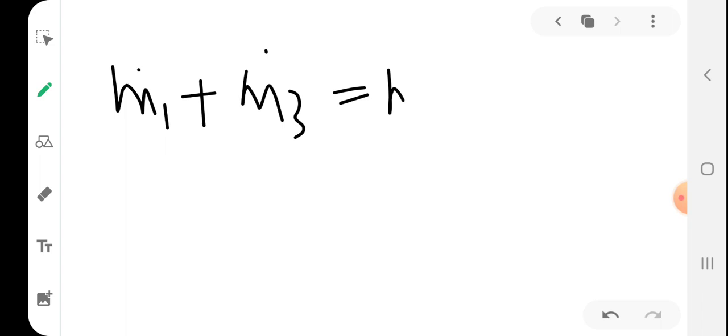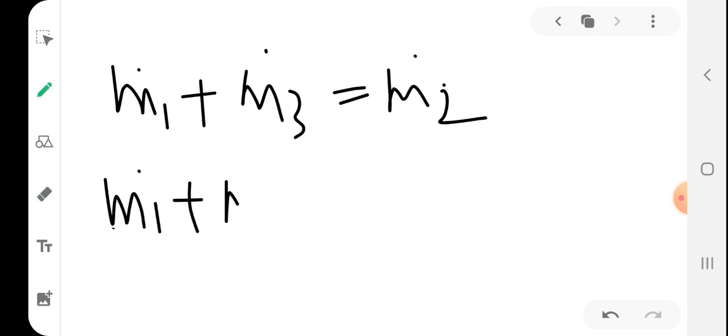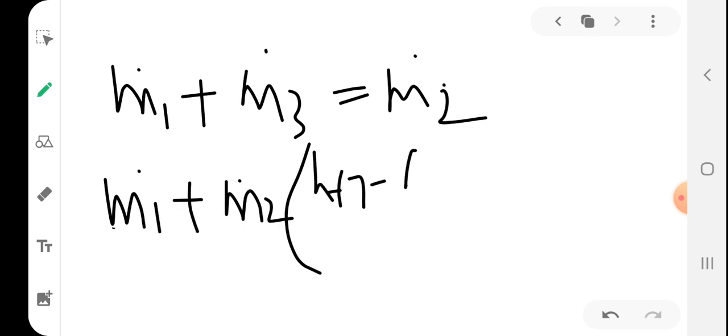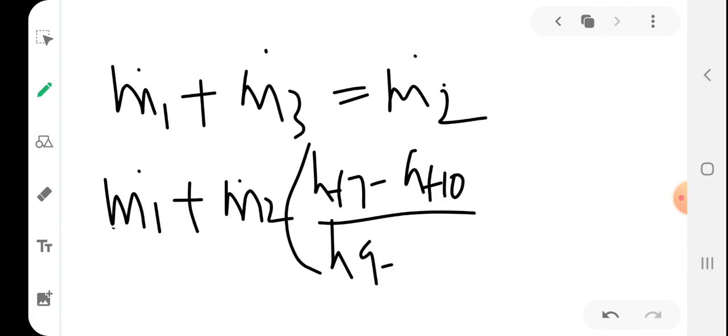So using this equation, m1 plus m3 is equal to m2, right? If you know the value of m1, m3 can be written as m2 dot times h of 7 minus h of 10 by h9 minus h of 10, and m1 plus that is equal to m2.